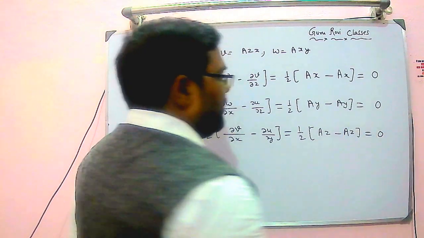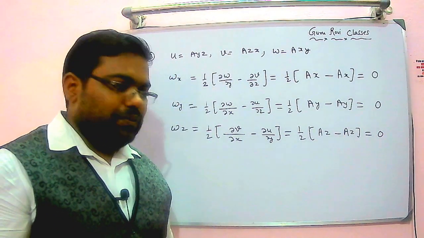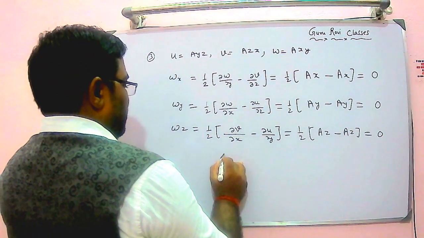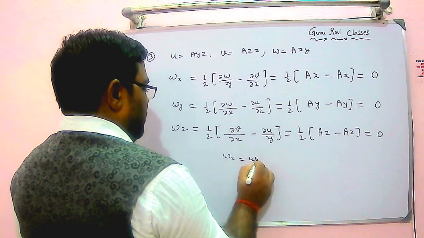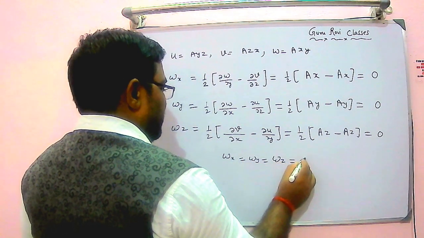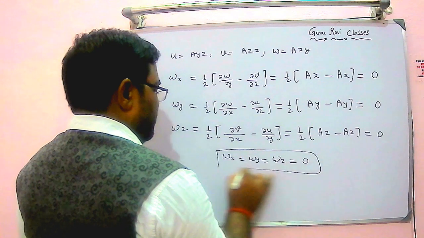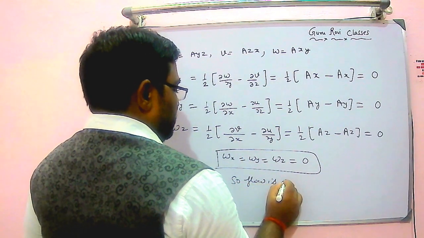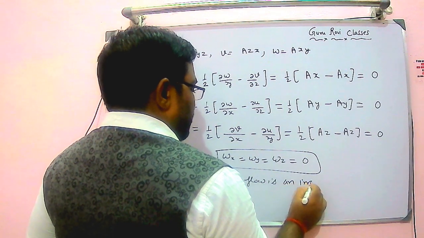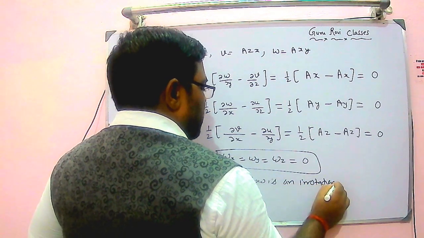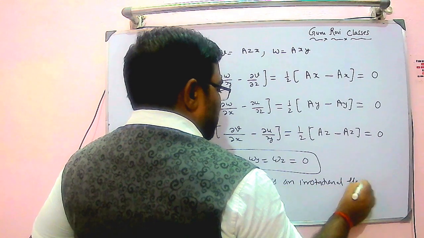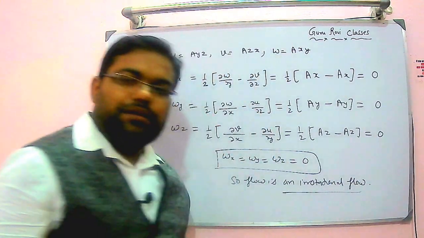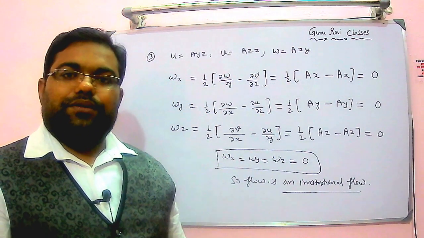This is also equal to 0. What did we come to know from here? So ωx is equal to ωy is equal to ωz is equal to 0. So the flow is an irrotational flow. That's all. So like that you can find it out.